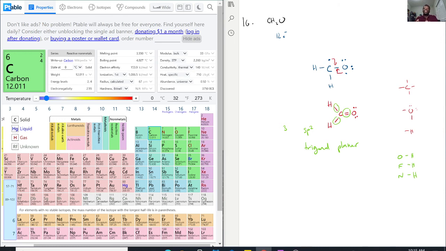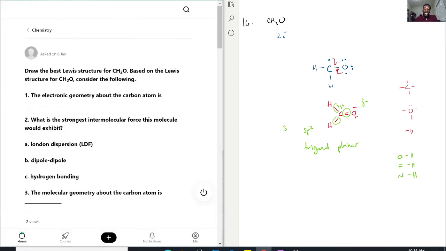We're now in the range of a polar covalent bond. So this oxygen would exhibit a greater electron affinity than this carbon here. Because of that, the molecule is polar. And because it's polar, it would exhibit dipole-dipole interactions when these CH2Os pass each other. The more negative oxygen side will be attracted to the more positive carbon side, okay?